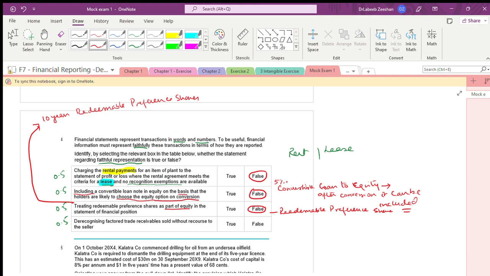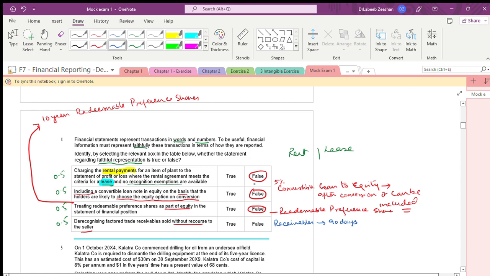De-recognizing factor trade receivables sold without recourse to the seller. First you have to say what is recourse and what is non-recourse. See what happens. You have receivables. Now, receivables are for how many days? 90 days.